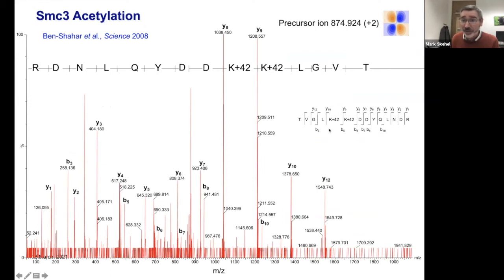We actually identified that both these lysines were acetylated, and you can work that out from the fragment ion spectra, from the distances here. But also, what's beautiful is that you get this ammonium ion here at 126. This is an ammonium ion for acetylated lysine, and that's caused by different internal fragmentation, Y and A ions, okay.